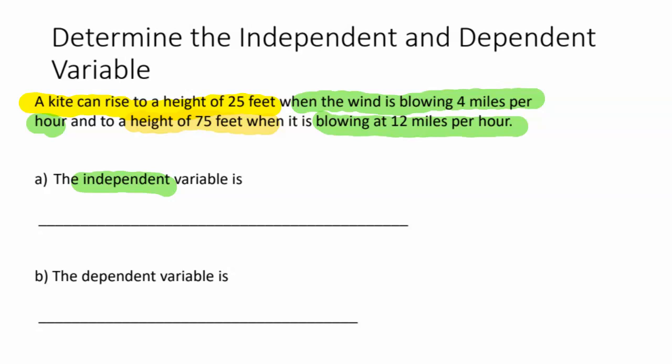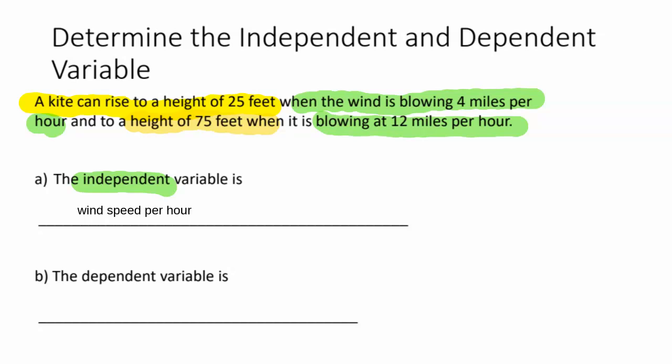That is going to have me move. But also think of height as distance. So the independent variable here is going to be the wind speed per hour. The choice of when I fly this kite.